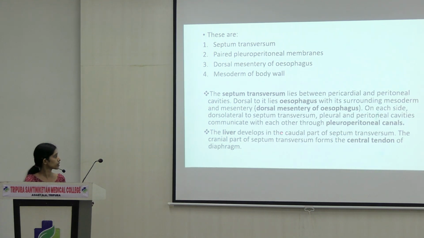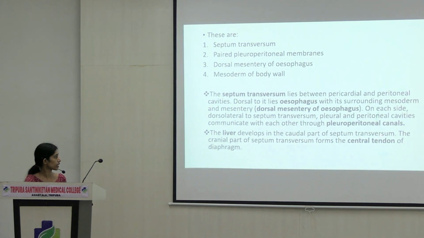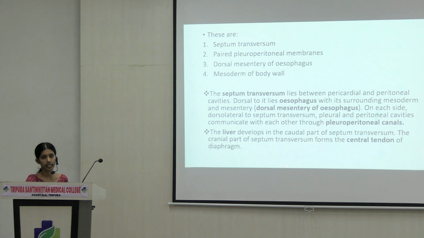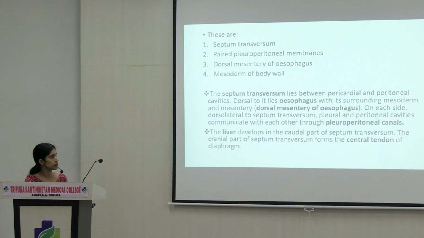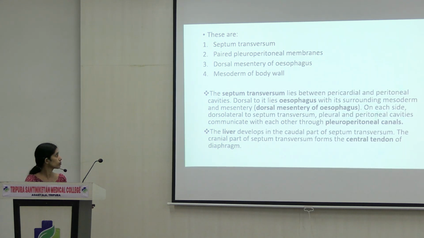The liver develops in the caudal part of the septum transversum. The cranial part of septum transversum forms the central tendon of the diaphragm. I already mentioned your septum transversum is going to develop as the central tendon of the diaphragm.